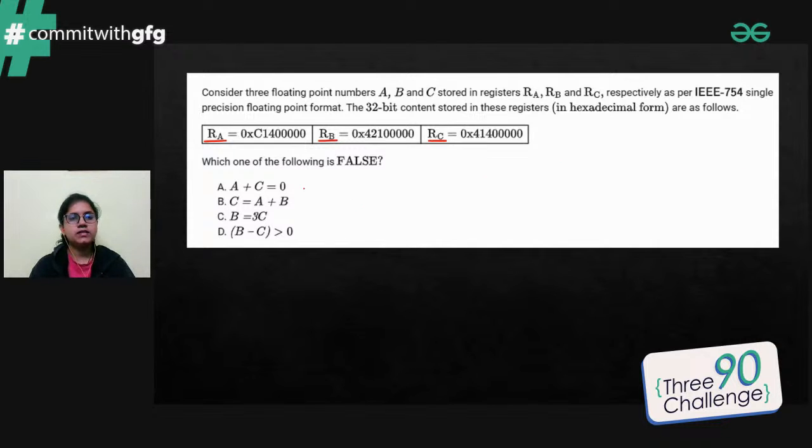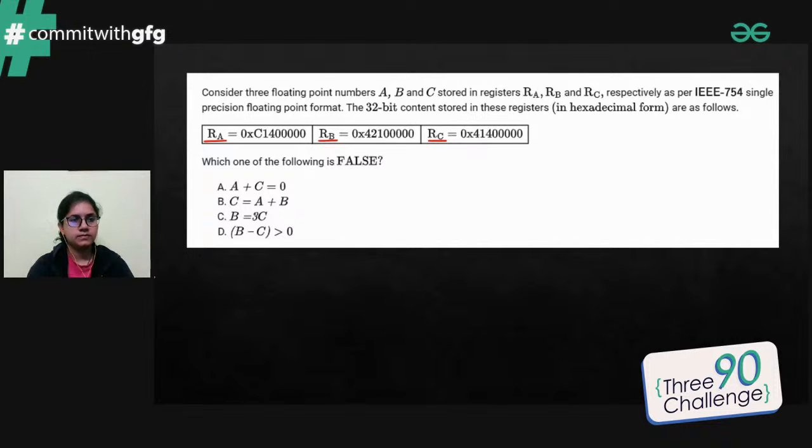So we have basically two methods for this. Let's discuss method 1. What is IEEE 754 single precision? Do you all know the representation?